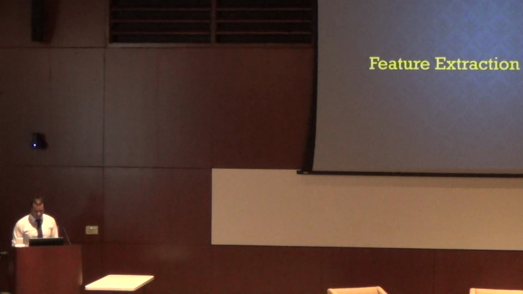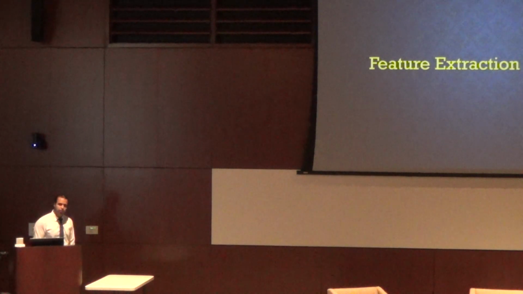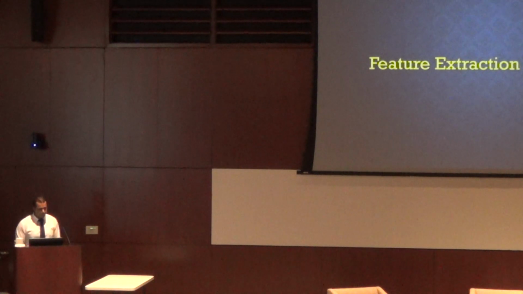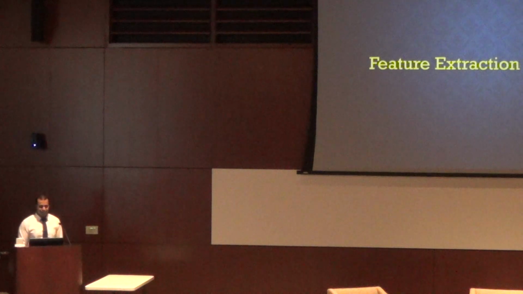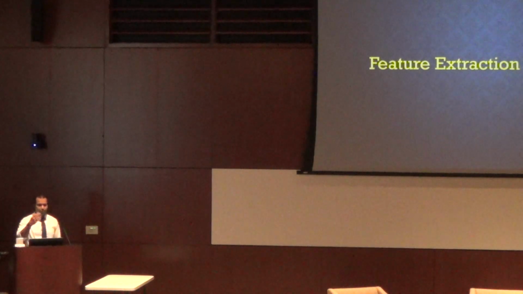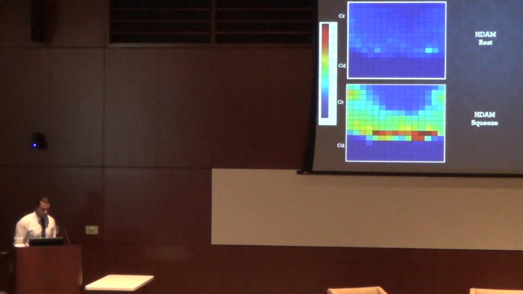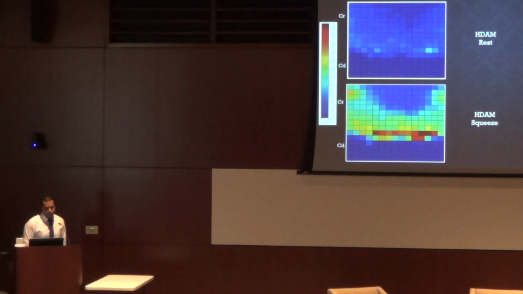So, extracting features. What kind of features? There's a plethora of features, first order, second order, that from an image processing perspective you could extract from any image. But are they physiologically meaningful? On the upper image is the uninterpolated sensor data of a typical patient at rest, left lateral. As you can see, during squeeze you have an increase in pressure.